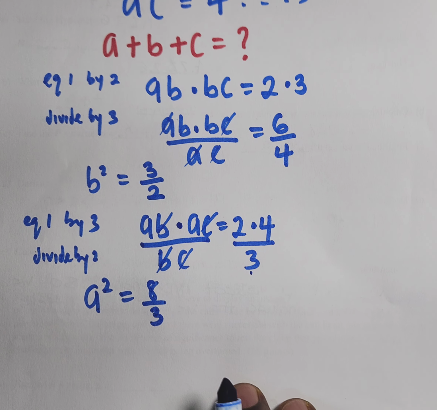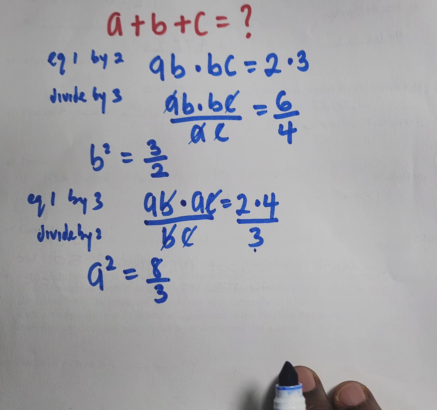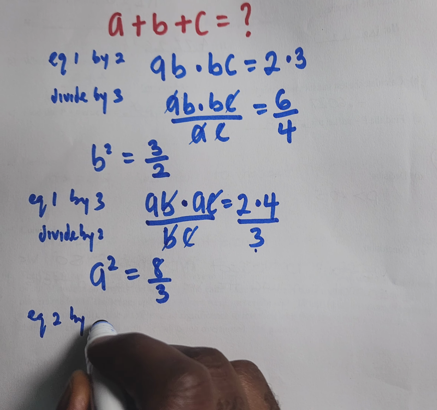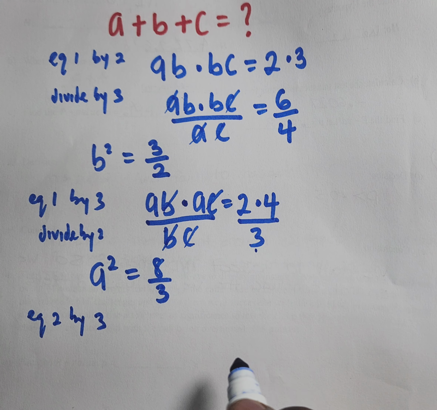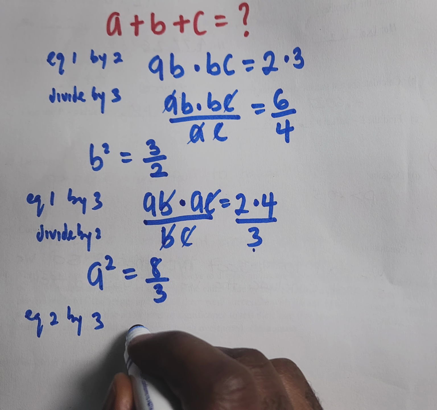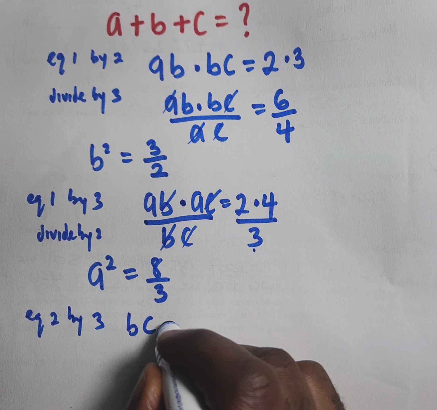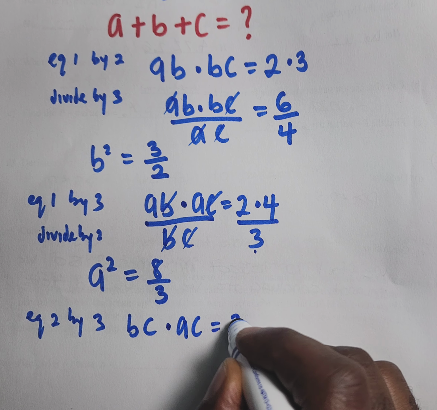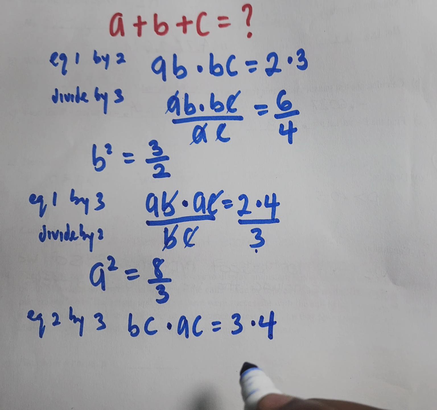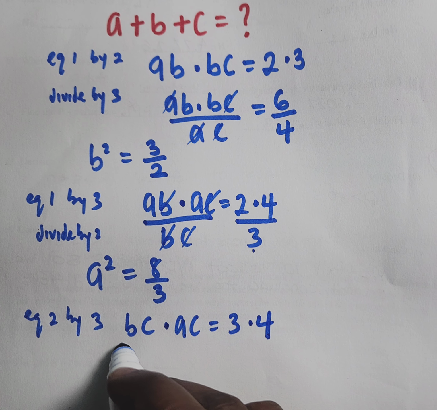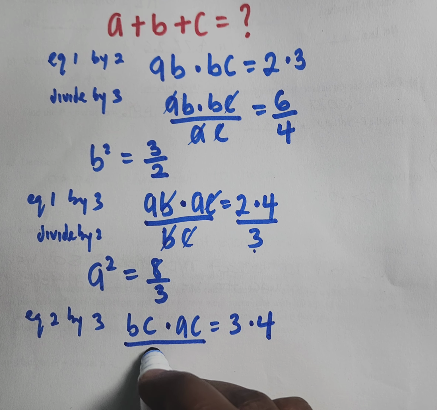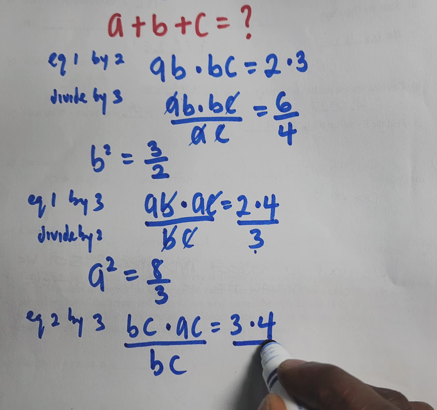Next is to have equation 2 multiplied by equation 3. And equation 2 is bc multiplied by equation 3, which is ac. And this is 3 times 4. Dividing this by equation 2, which is bc equals to 3.